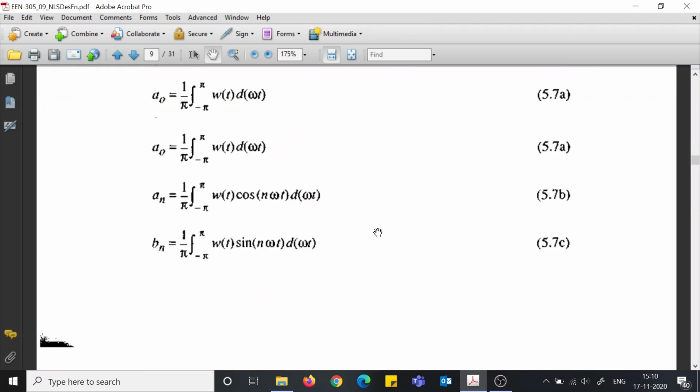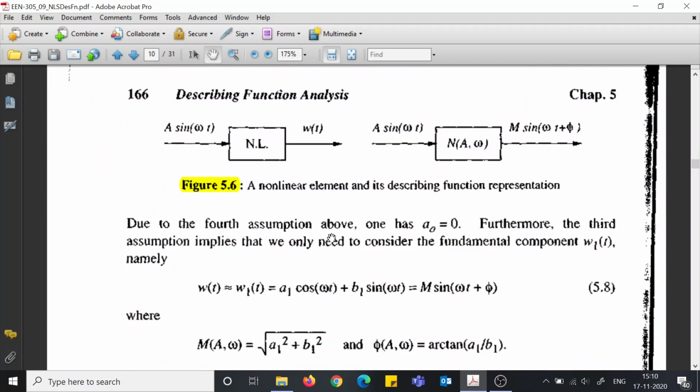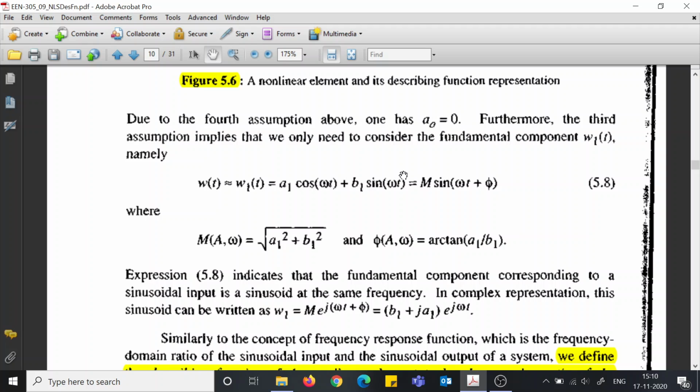The input sinusoid is x equal to A sin omega t. Due to that input signal A sin omega t, you are getting the output in this form. Hence, the magnitude M is a function of A and omega. If you change your A and omega, you will get a different M. Similarly for phi: if you change your A and omega, you will get a different phi.